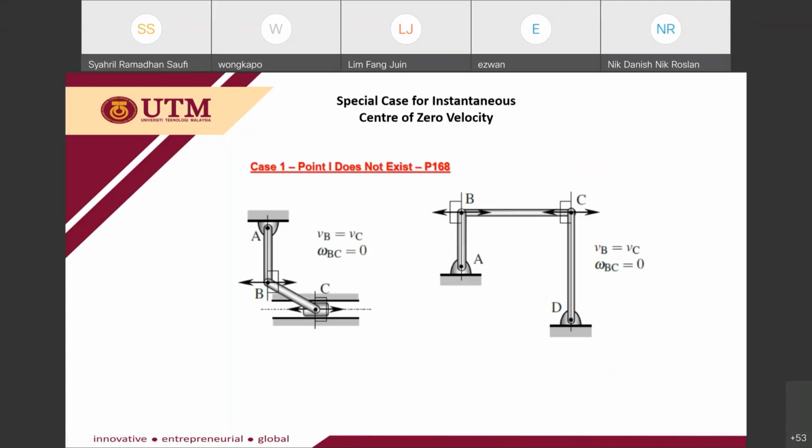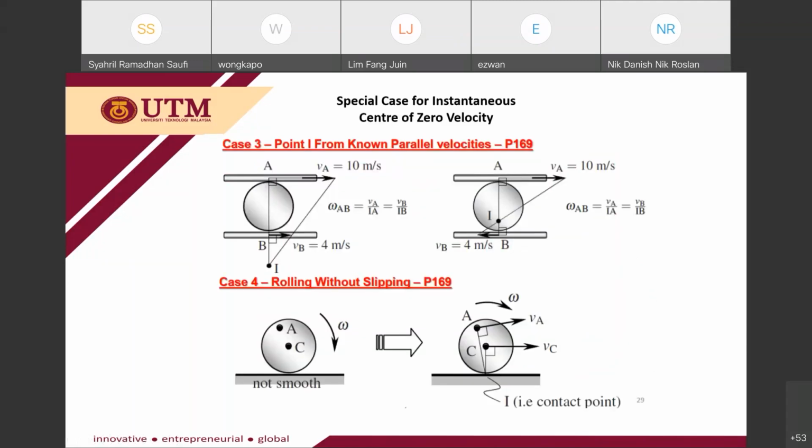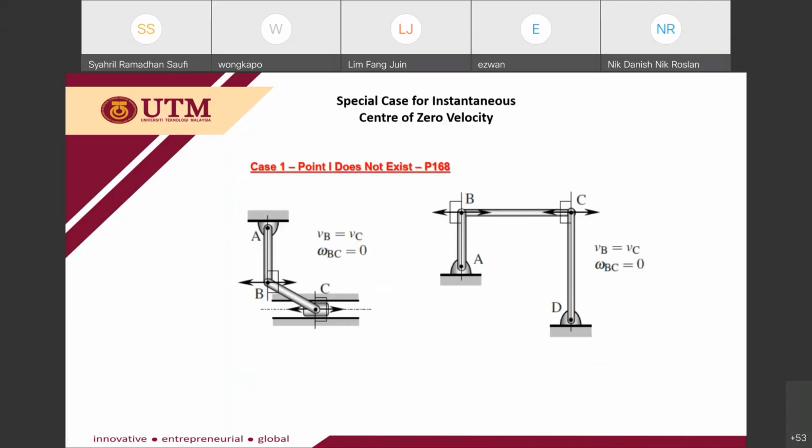Okay, so there is actually a special case for this. I think I will finish until this special case first. For the ICZV, there is a special case where, for case one, point I, or the center of zero velocity, does not exist.